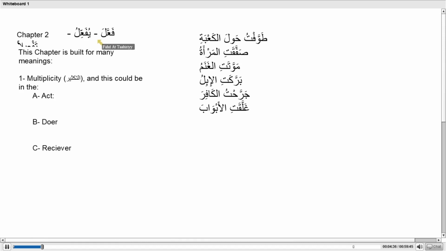نزل ينزل تنزيلا. Just as Allah subhanahu wa ta'ala said, وَنَزَّلْنَاهُ تَنزِيلًا. رتل يرتل ترتيلا.